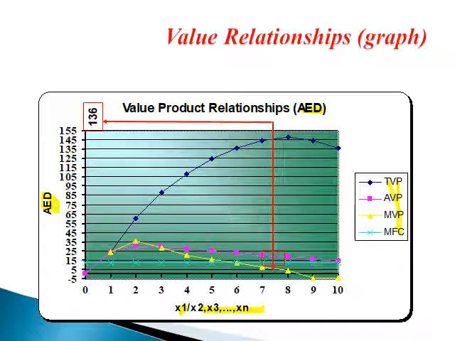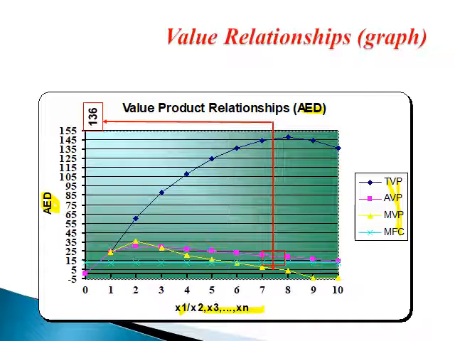This is a green line that goes horizontally to tell you that whether you are buying 0 units of the variable input, or 1 unit, or 2 units, or 10 units, you will be paying $12 a unit. That's why it is like that.